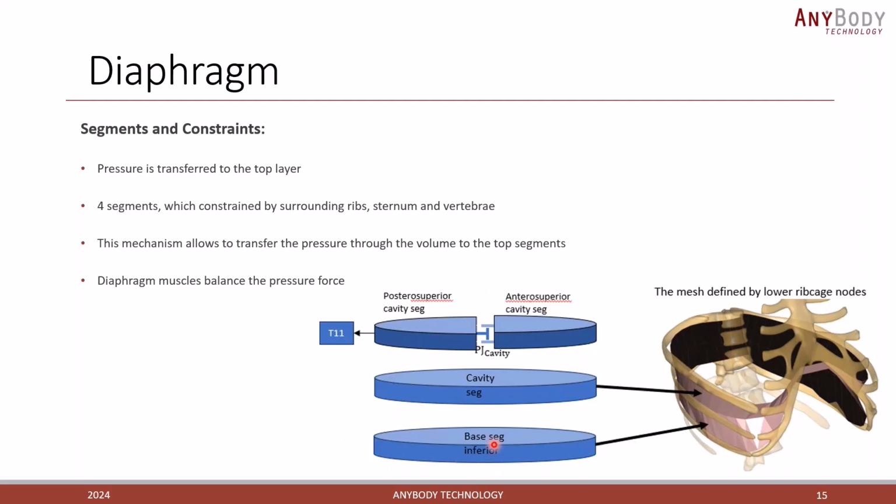I also won't go through the detail of the exact mechanism, but it allows us to transfer pressure through the volume to the top segments, and then the diaphragm will hold these segments vertically, and the diaphragm muscles will balance the pressure force.